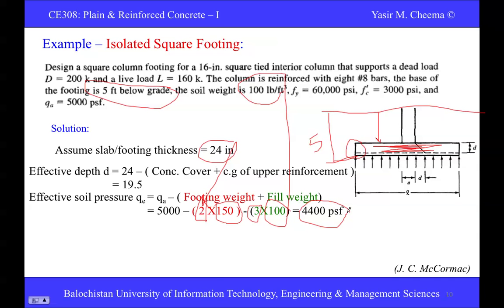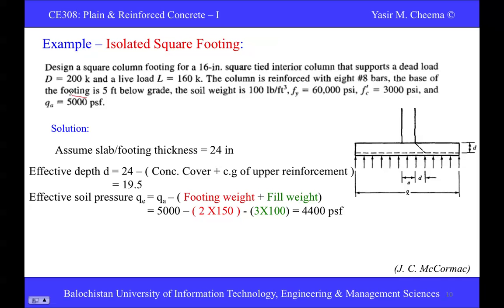Actually the given actual soil pressure is 500 pounds per square foot. But this soil has to support itself, the footing, and the soil on this area, so this would not be used. So we have to subtract to find the effective soil pressure. The effective soil pressure is the pressure that would support our building loads. So we subtract the loads of the footing weight and the fill weight.